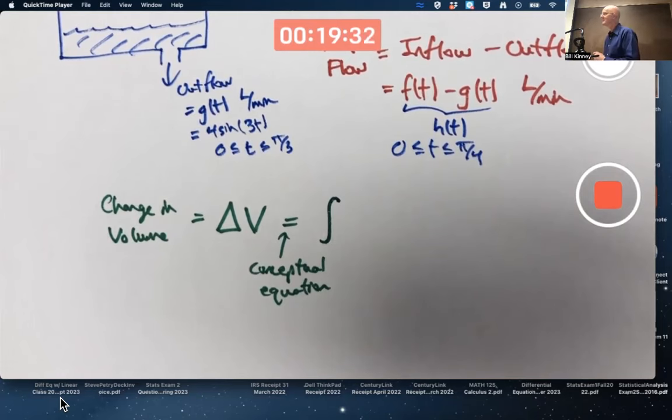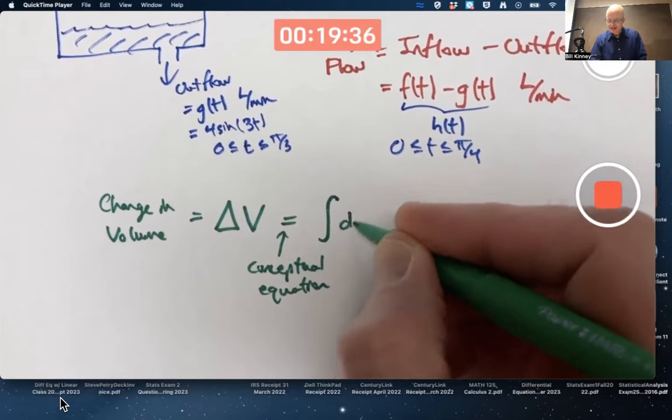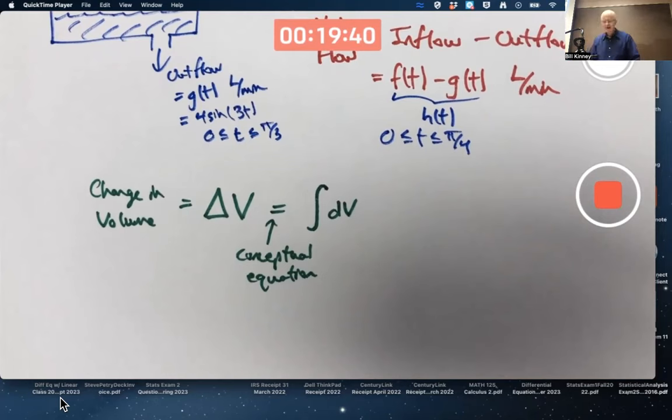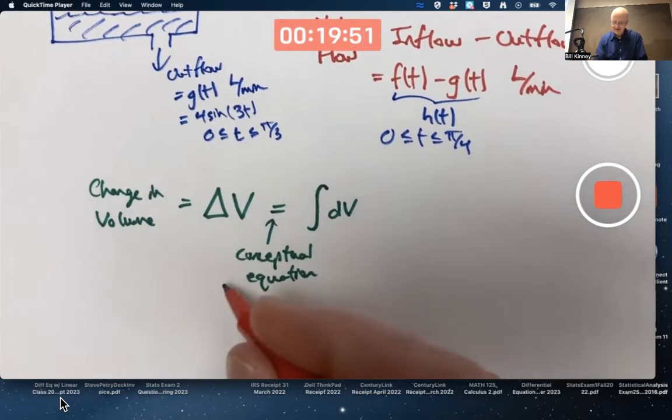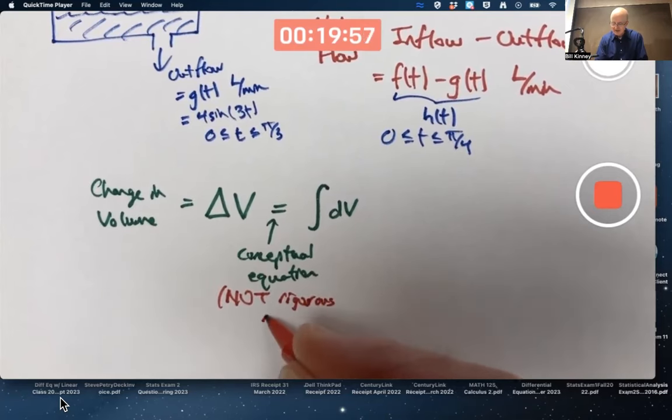And the little changes are denoted not by delta V's, but dV's. Huh? What in the world is that? It's a conceptual equation. You should realize this is not rigorous math.